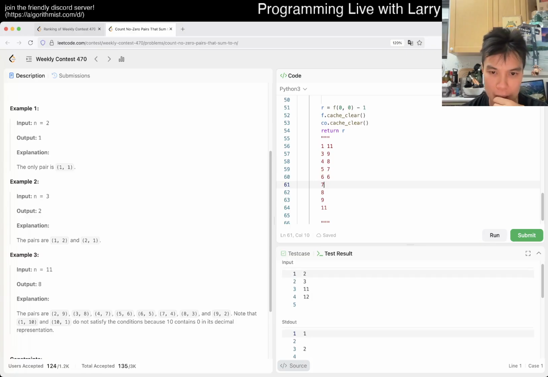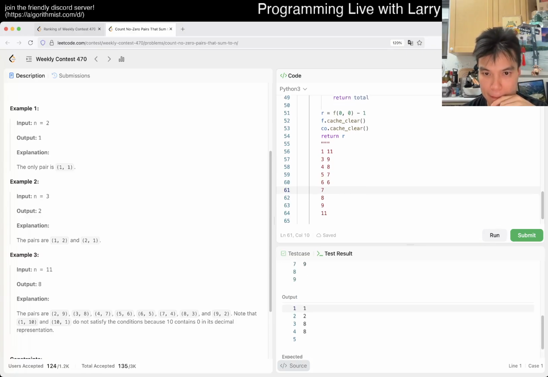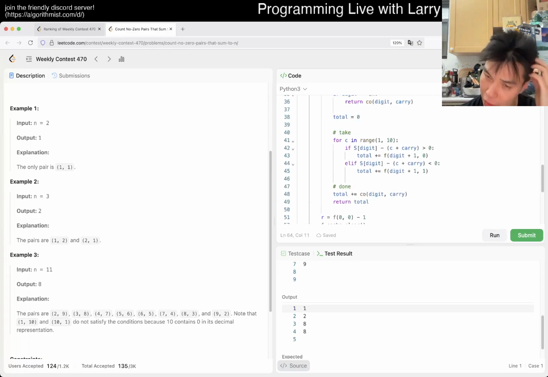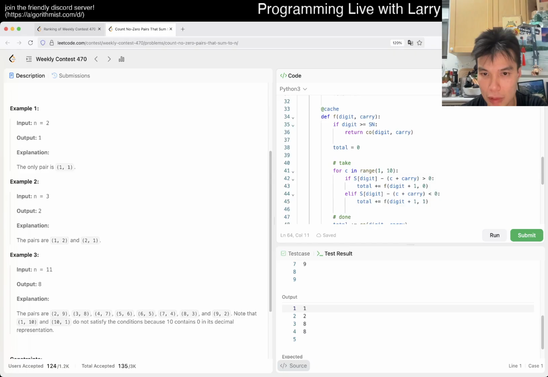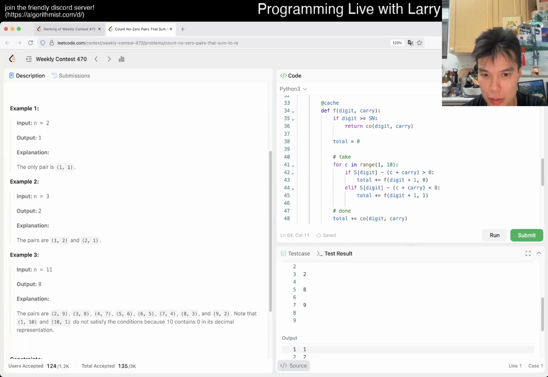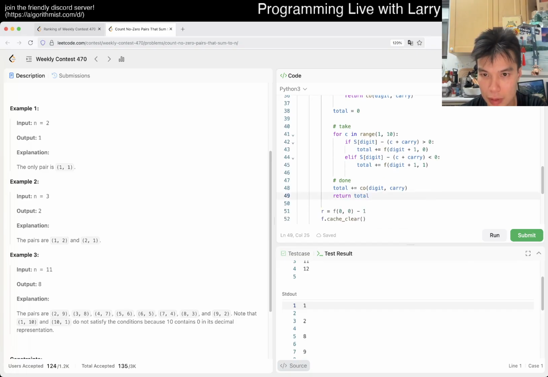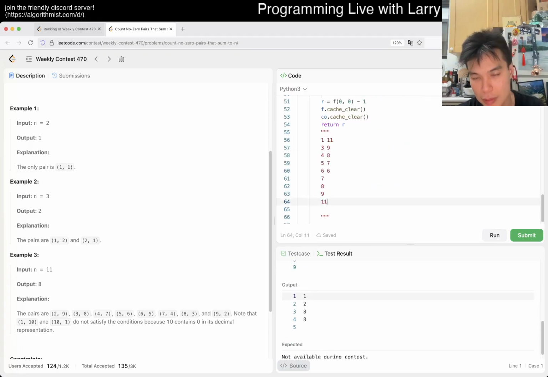Why do I return 8? Because I don't do 2 digits correctly, I guess. Okay, so then now do a 1. Oh, what did I say it was? So 11 and 1.